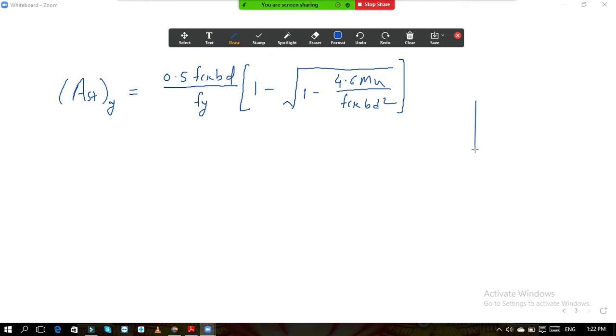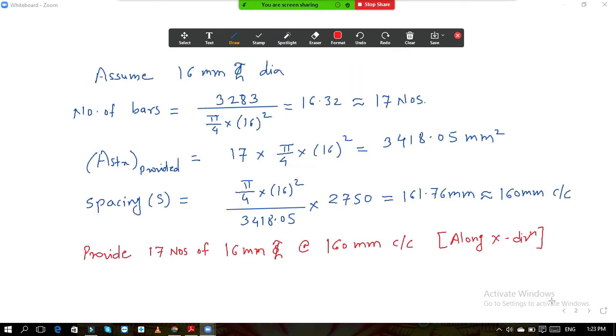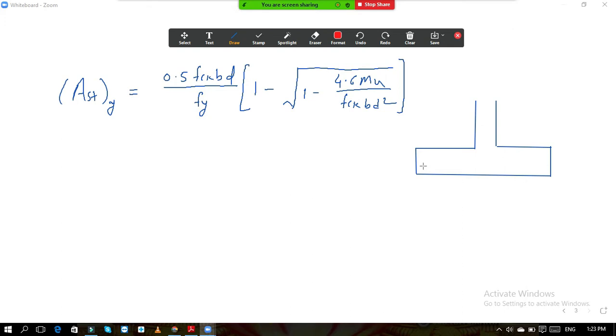This is the column line. If I draw the sectional elevation, the footing is provided like this. Now what is happening? In the x direction you have provided how many bars? 17 bars. What is the diameter of the bar? 16 mm. So here in the x direction already a bar is there.